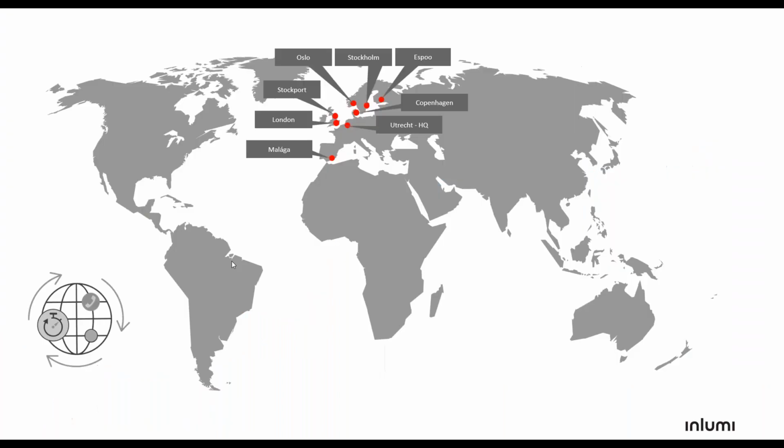Where are we? So even if you can see Europe, we provide services across the world. We have offices in the main cities, as you can see, the Nordics, also UK, Spain, of course, here, where we have the best weather that you can imagine.